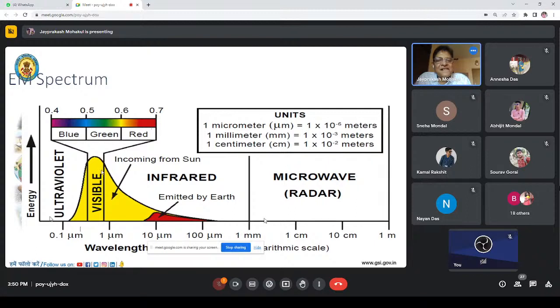How much energy eventually comes to the surface of Earth, right? As you could see, 80 to 90% of the energy that comes from the sun in the visible range gets transmitted through the atmosphere and reaches us.